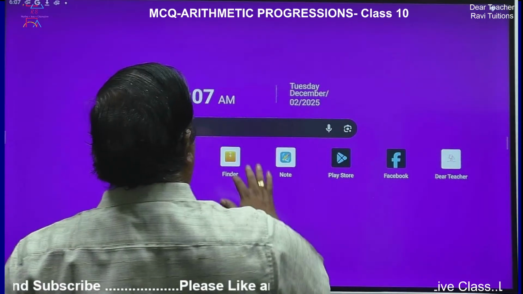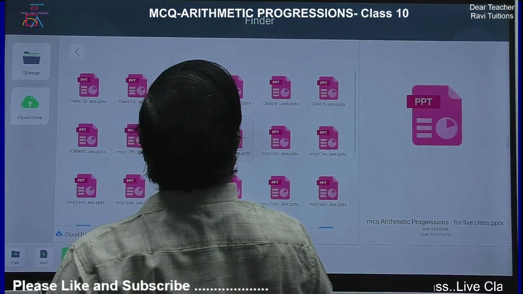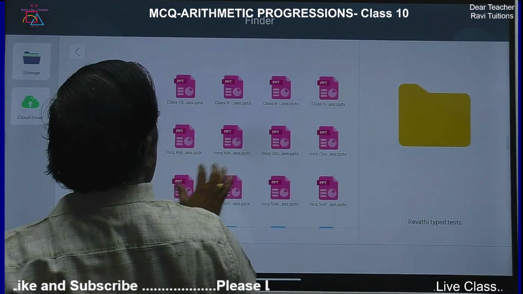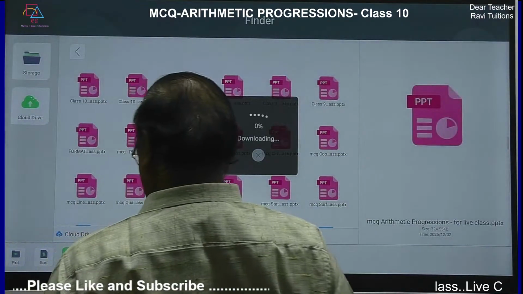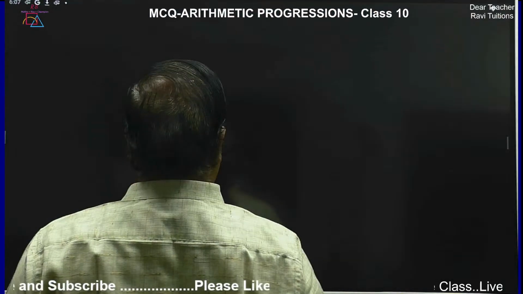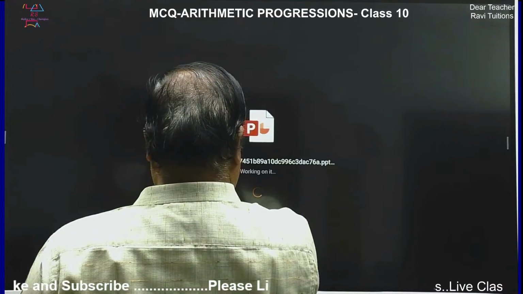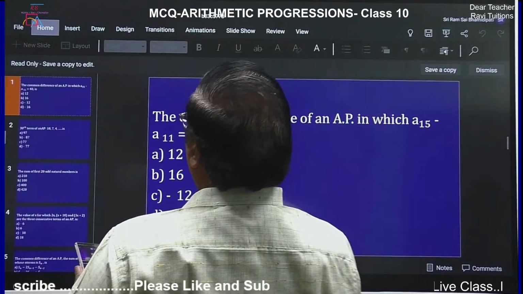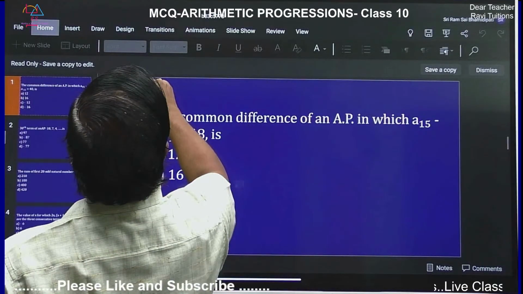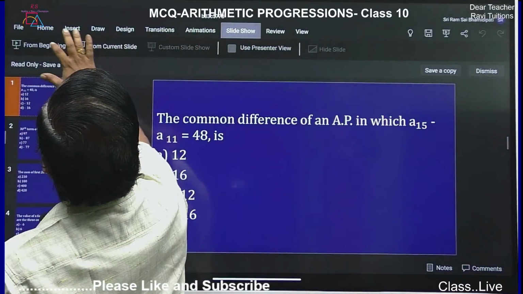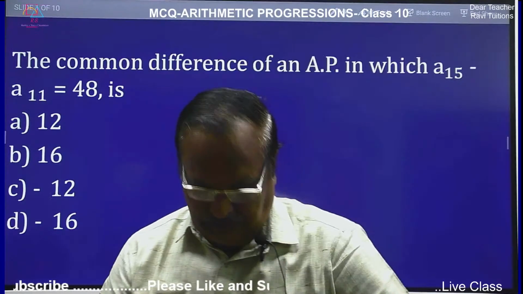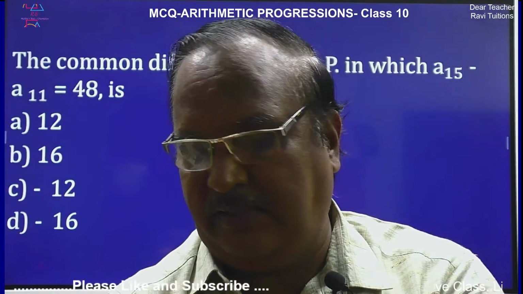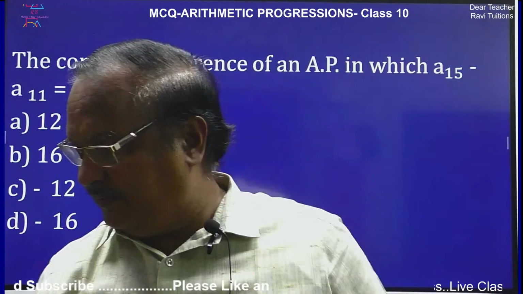Questions are ready on the board. Let me start arithmetic progressions.